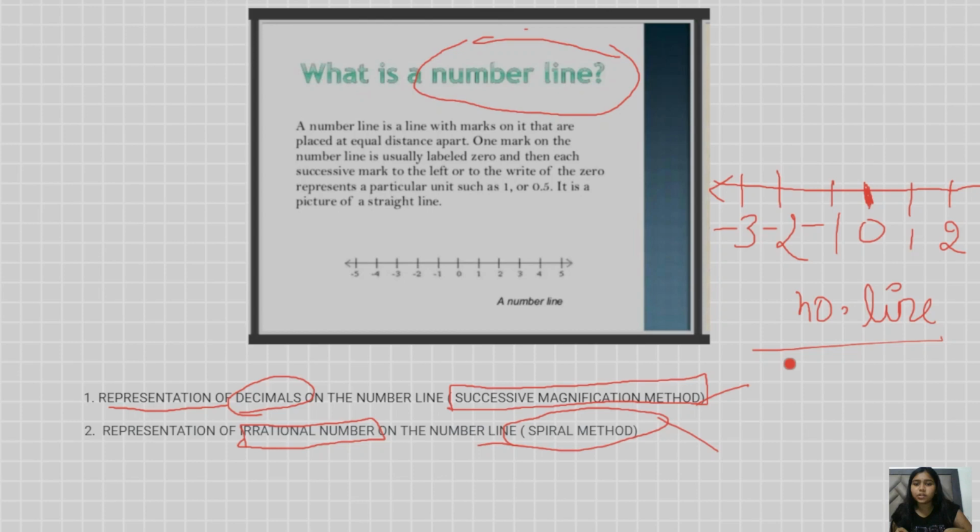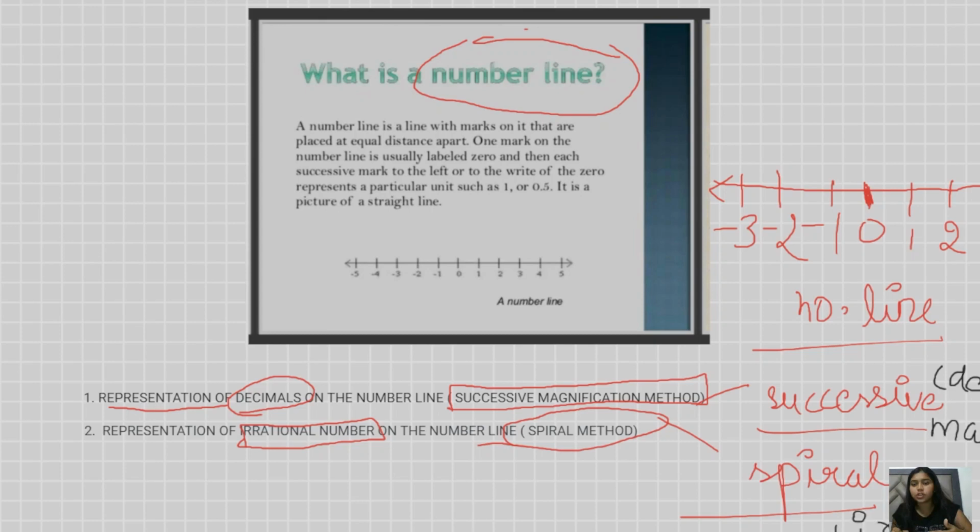The successive magnification method is generally used to locate decimals, whereas the spiral method is generally used to locate irrational numbers.